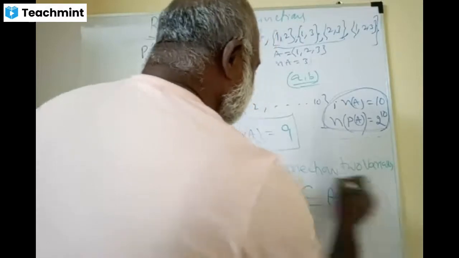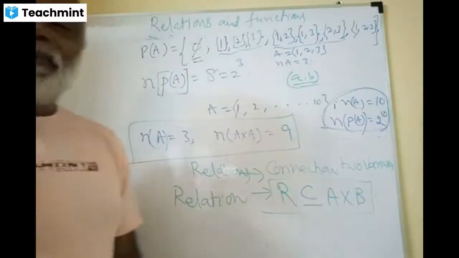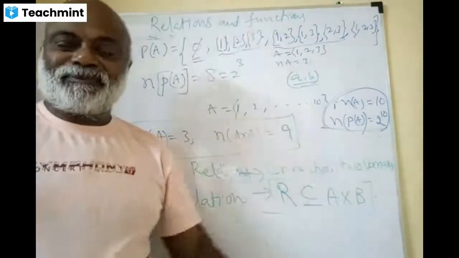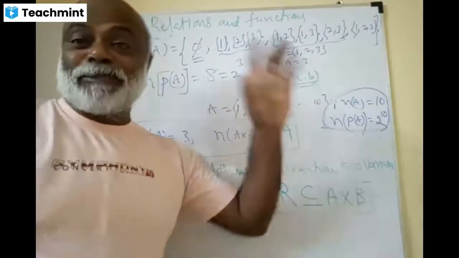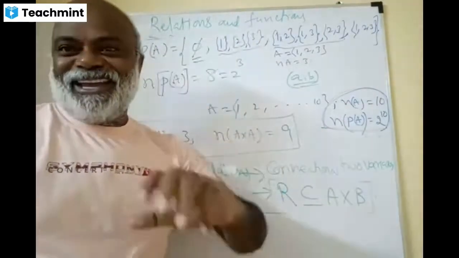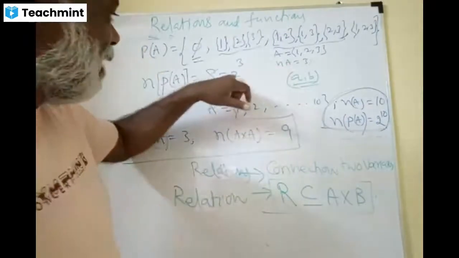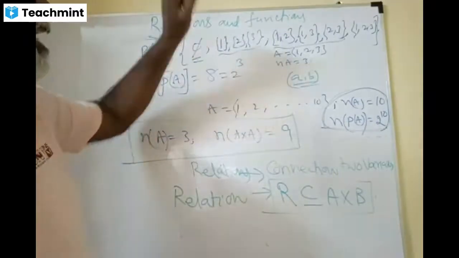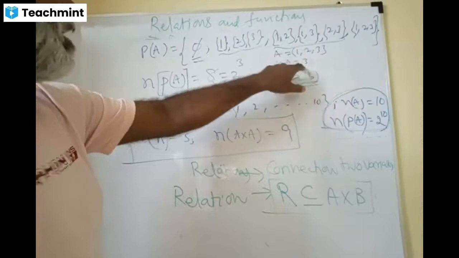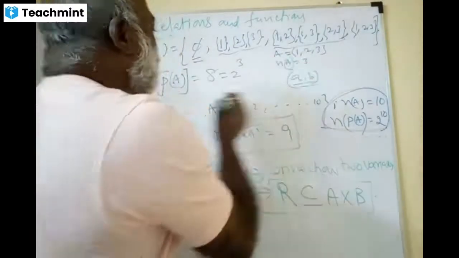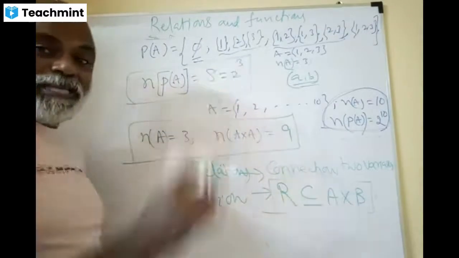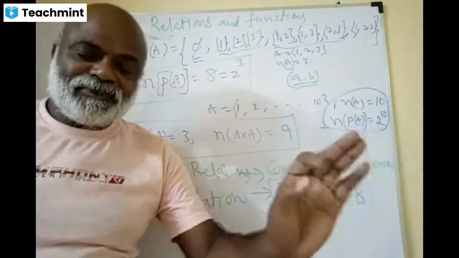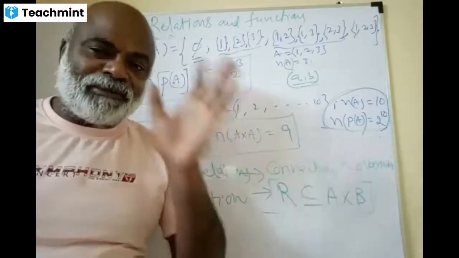This is the relation mathematically. Now see how I build up. There is a set called A which has got 3 elements in it. Now it has got how many subsets? 2 power 3. Clear? No confusion?